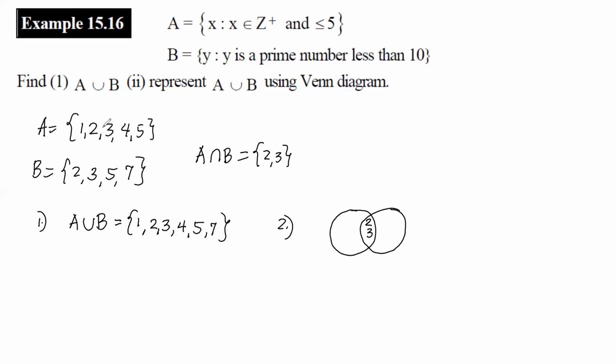And elements ni A, we have 1, 2, 3, 4, 5. Elements ni B, we have 2, 3, 5, and 7. This is set A, this is set B. That is the Venn diagram for A union B. This one.